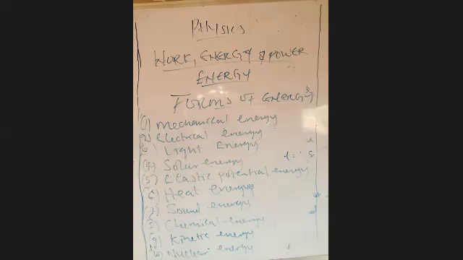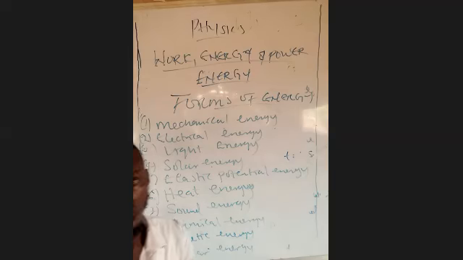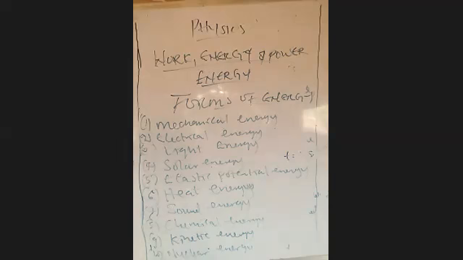It is energy that is taken by television sets and other electrical appliances. We also have light energy. The light energy is produced by our light bulbs, the light bulbs that we use at home.